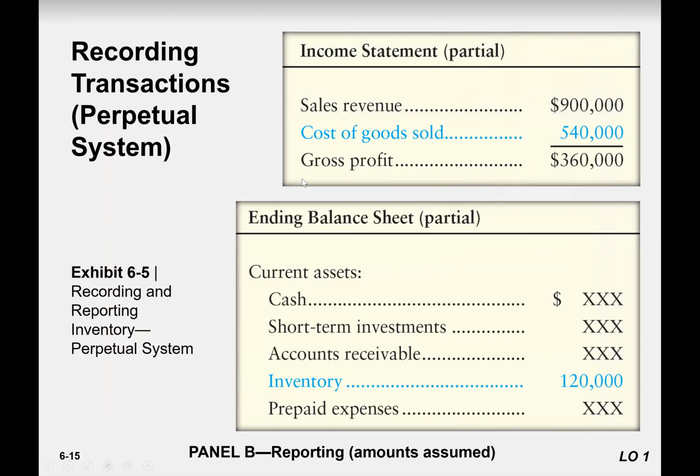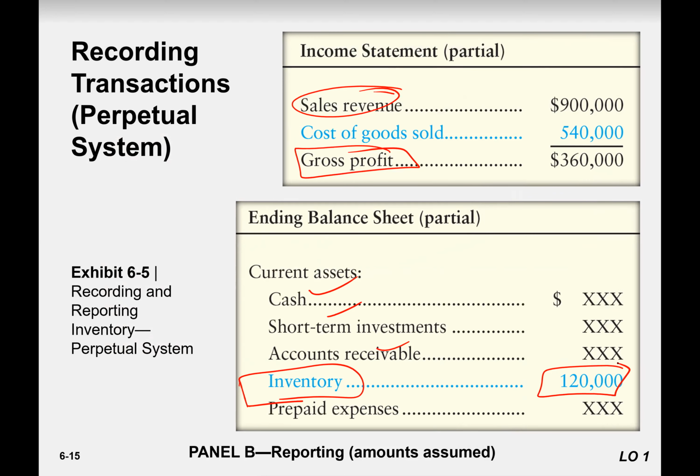Right, guys? On the income statement, cost of goods sold comes right after sales revenue: sales revenue minus cost of goods sold gives gross profit. In the balance sheet, after cash, short-term investment, and accounts receivable, comes inventory. Inventory left: 180,000.